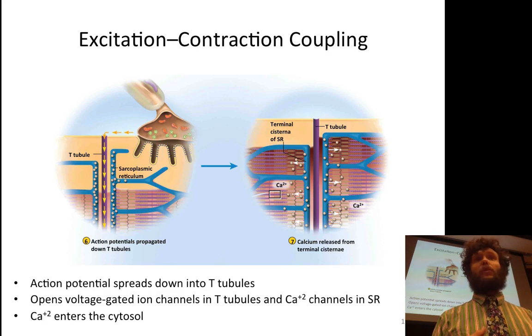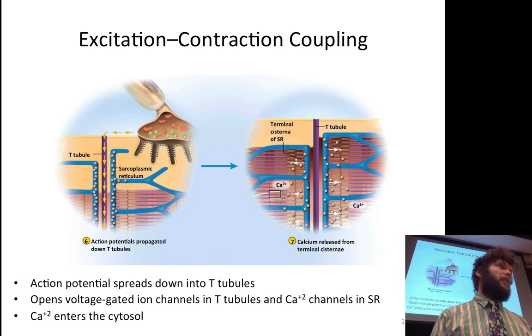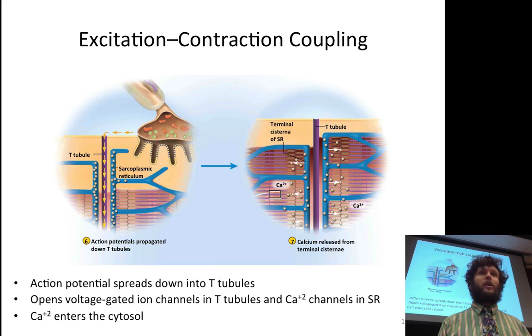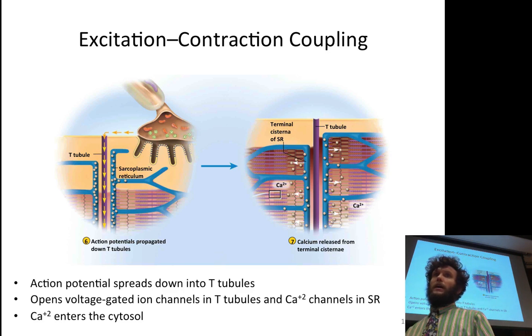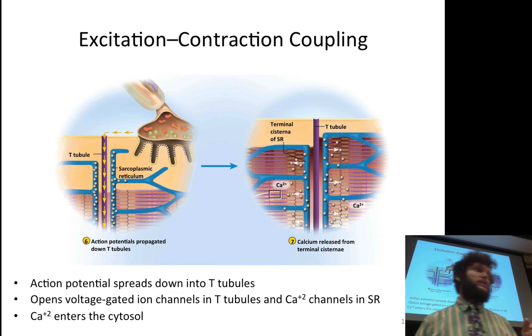So both its chemical and its electrical gradient are driving it into the cell. The cell is highly anionic or negatively charged, so the calcium wants to go in to get with that, and there's a much higher concentration of calcium in the sarcoplasmic reticulum than in the sarcoplasm.